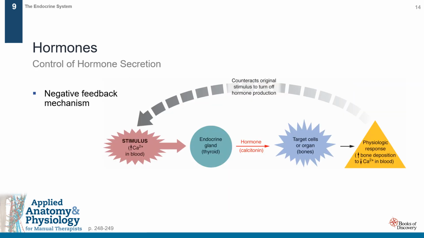Let's now consider the control of hormone secretion by first looking at the negative feedback mechanism. A stimulus causes the endocrine gland to release a hormone. The physiologic response of the target cells to the hormone ultimately counteracts the stimulus that caused the hormone's initial release.